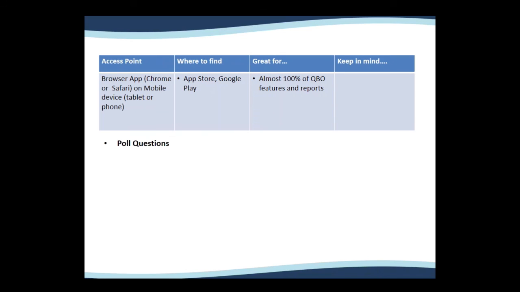Even on an iPhone, you can pull up a full QBO or QuickBooks Online inside of Safari, or if you're using a Windows phone, Chrome or IE or Firefox. And for the most part, it works really well. Of course, it's going to be smaller and a lot tighter, and you're going to have to zoom in and zoom out a lot, but you can use a full version of QuickBooks Online in your mobile browsers now.